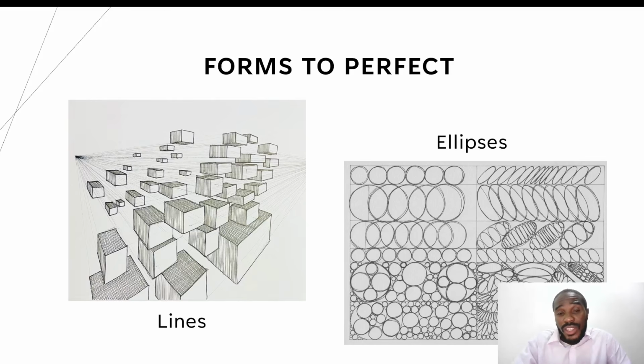Now, sketching is a skill. It's a skill and it can be developed, okay? The basic things you use for sketching, like we said earlier in our definition, are lines and curves. People who sketch well, now if you look at these two images that we've got here, they're all sketches.